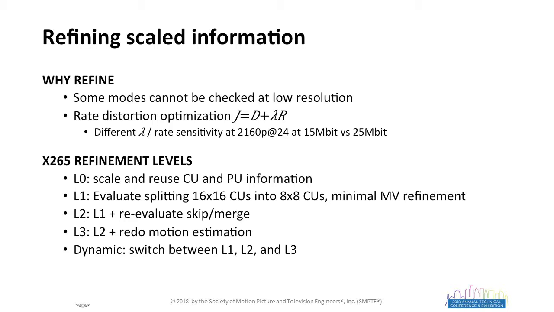Level 2 is level 1, but we reevaluate skip merge. And then level 3 is level 2, but we completely redo motion estimation. Obviously these have an increasing cost in terms of compute and speed depending on which one you select. As such, there's also a dynamic level of refinement, which based on the underlying content can choose between level 1, level 2, or level 3.